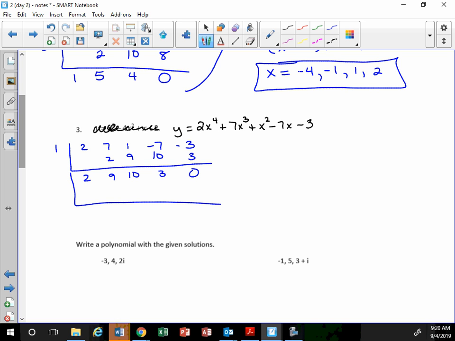Okay, and then -1? Yes, is that right? Okay, so I get to this 2x squared plus 7x plus 3. Right? That factors.